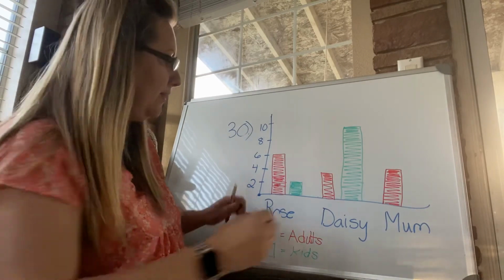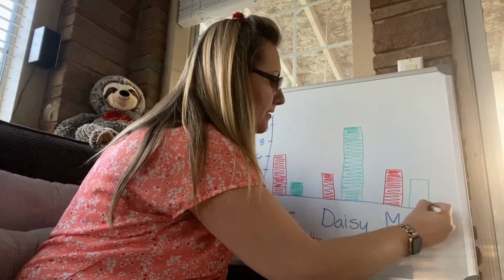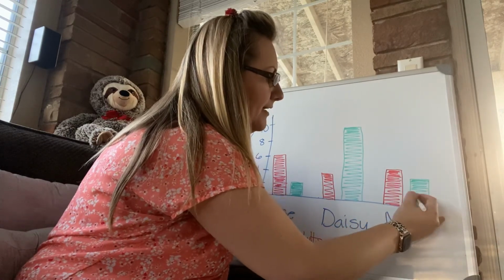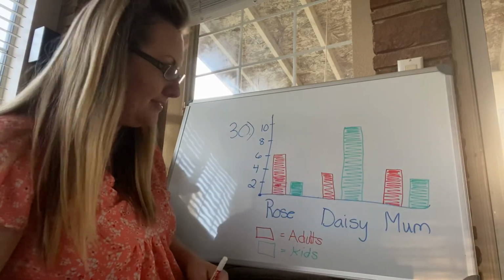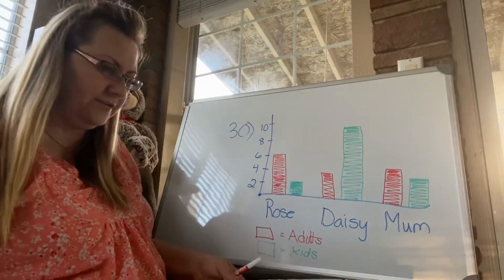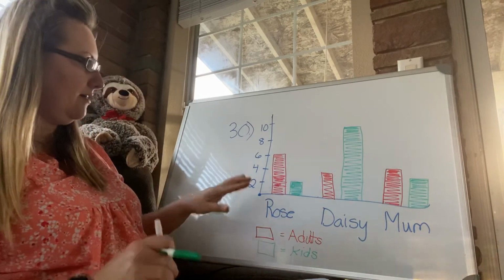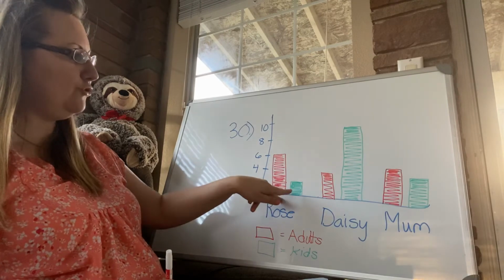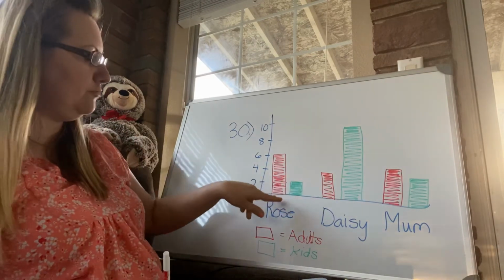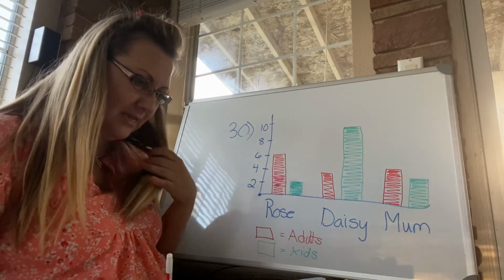It says 4. So that's about right here. 4 kids like mums, while 5 adults like mums. And there is what we call a double bar graph. So for all the information, there's 2 bars. 2 bars for roses, 2 bars for daisies, 2 bars for mums.